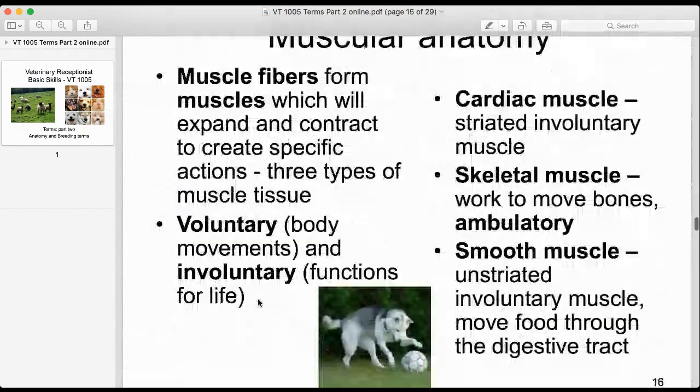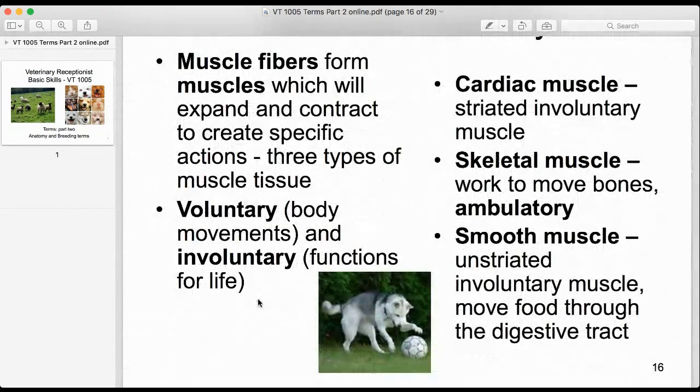Let's start looking at muscles. So we talked about muscle fiber, connective tissue of muscle fiber, and these expand and contract. You have voluntary movements and involuntary. So voluntary is saying to your hand, I'm going to pick up my coffee cup, and your hand moves.